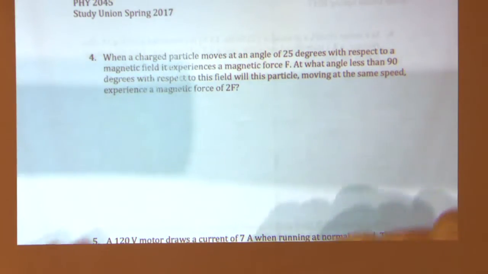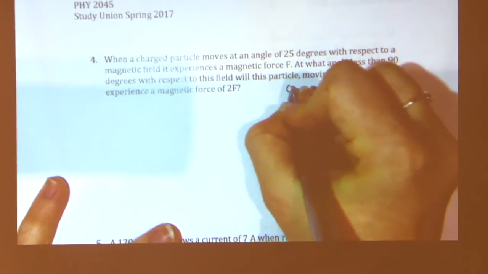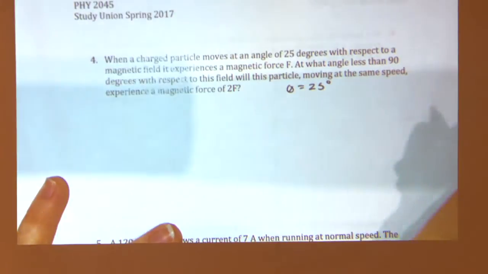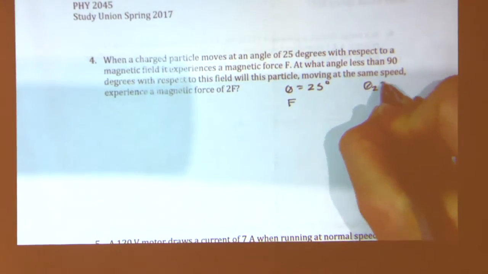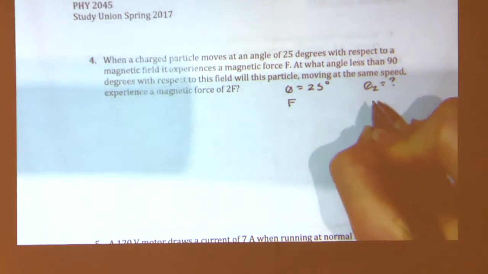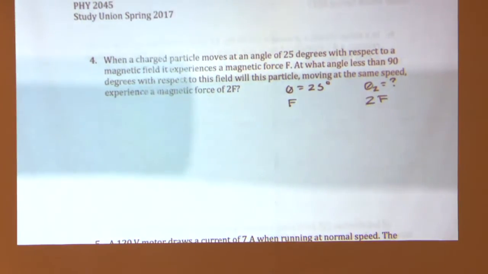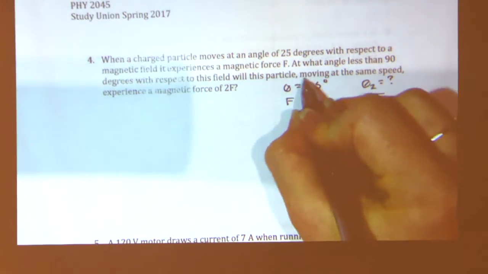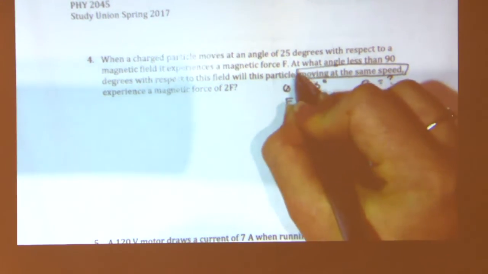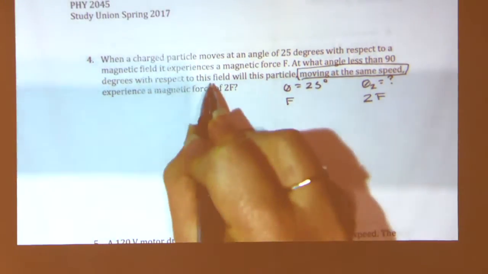Let's write down what we know. When we're moving at 25 degrees, we have just regular F. We have one F. And at some other angle, we can call it theta 2, we are moving at 2F. A good thing to note is that it says moving at the same speed, and we have the same magnetic field.